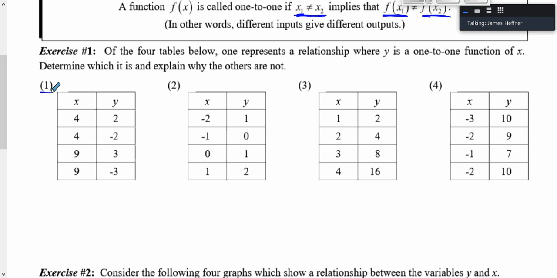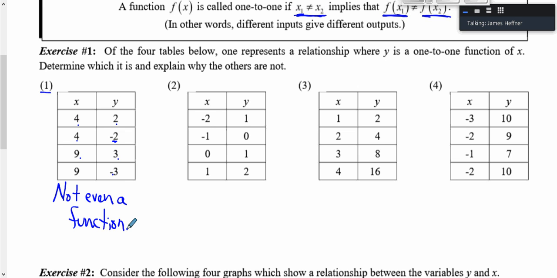No. An input of 4 has an output of 2 and an output of -2, and the same with 9. So this is not even a function, and we can't proceed to see if it's one-to-one.